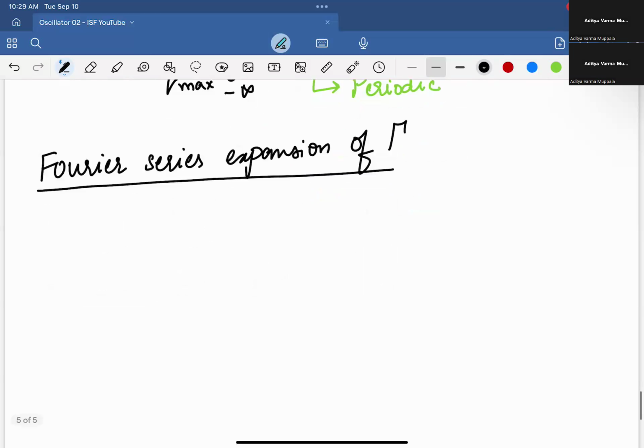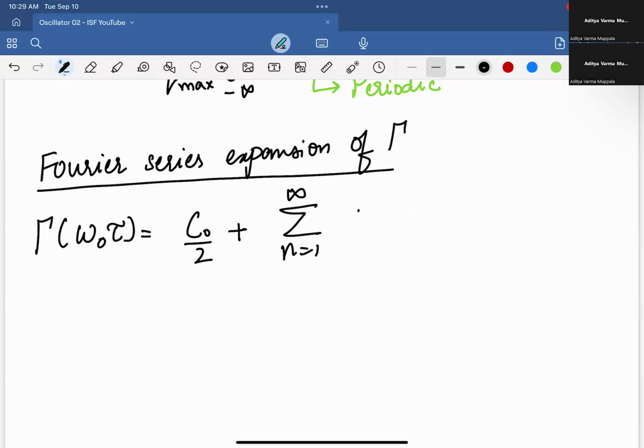Okay, so let's write that out. We have gamma of omega naught tau can be written as some C naught over 2 plus summation n equal to 1 to infinity Cn cosine of n omega naught tau plus theta n.